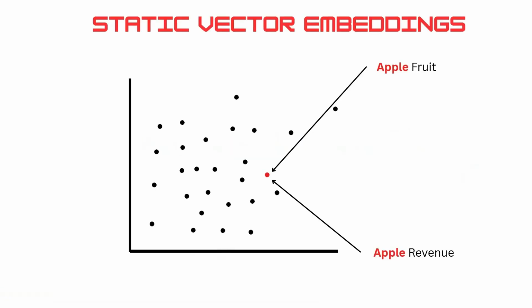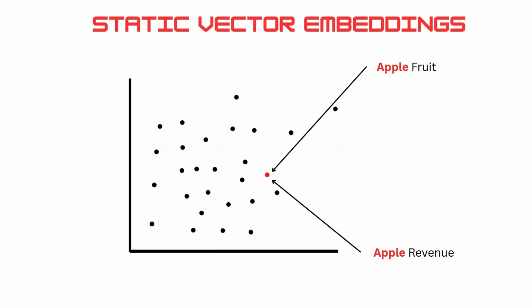You can imagine a static embedding as a multi-dimensional graph having 1536 dimensions, but we will simplify it to 2D or 3D for illustration. Each word or sentence is represented as a point in this space based on its meaning.